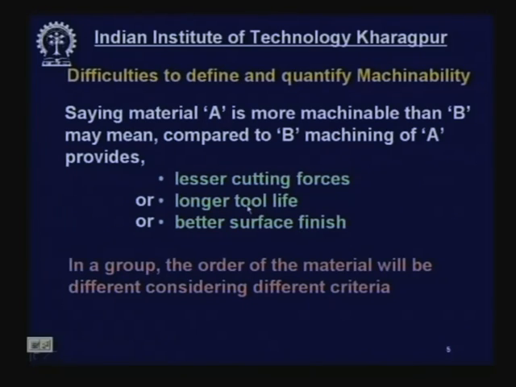But it is not possible to get all these things from one material. So, when you say material A is more machinable than B, it can require lesser cutting force, provide longer tool life or surface finish, but all of them may not be together.